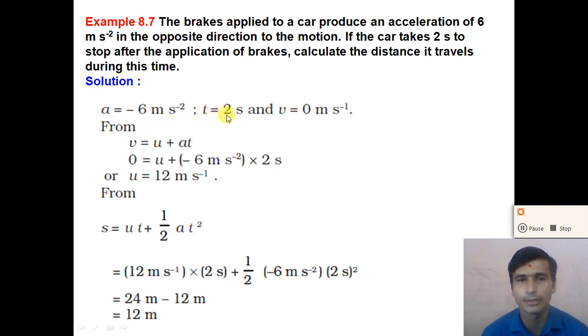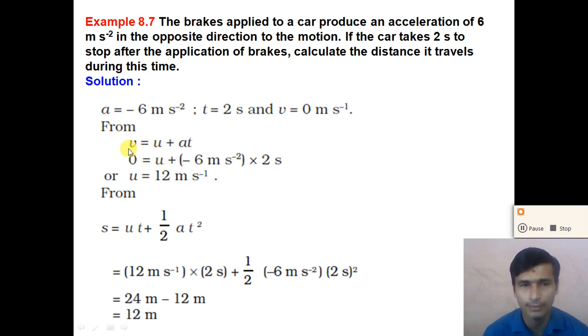t is equal to 2 second and final velocity v is equal to 0. Why do we take final velocity v is equal to 0? Because after applying a brake, the car will be stopped, right? So we take the final velocity v is equal to 0. So how can we calculate the distance traveled by the object? From the first formula, velocity time relation, right? v is equal to u plus at.